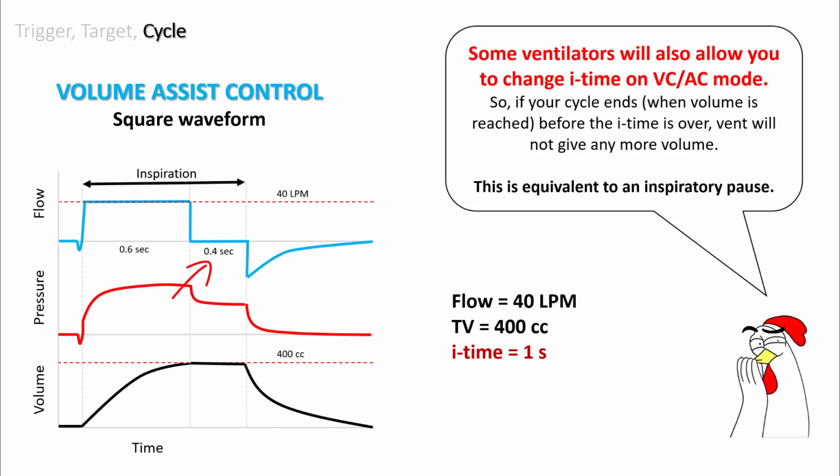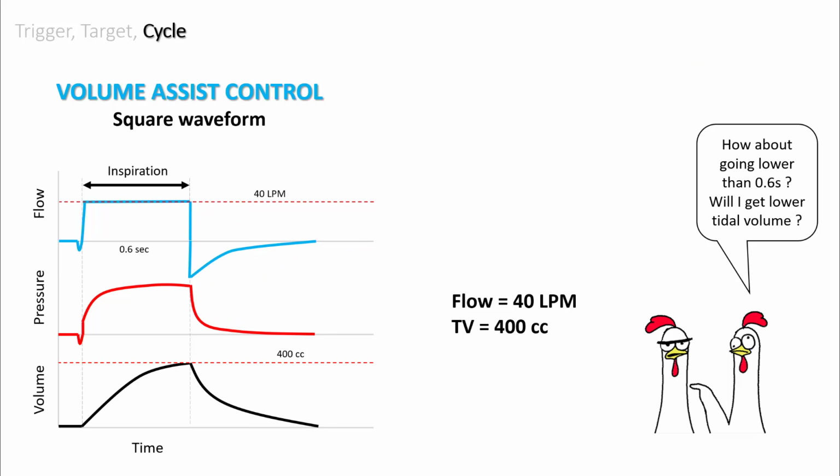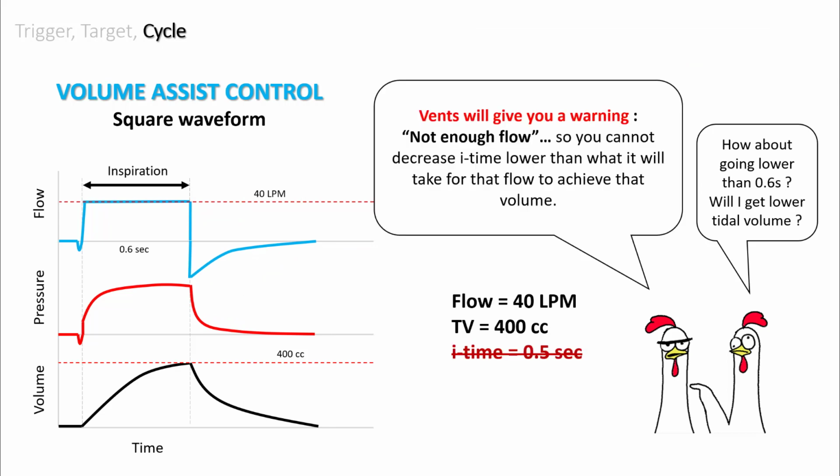For the rest of the 0.4 second, the machine will give you an inspiratory pause. However, you cannot decrease your I time less than the given I time. So you are unable to put 0.5 second in this setting because the machine will not reach its cycle parameter, that is 400 cc's, and you will get an alarm saying there is not enough flow.